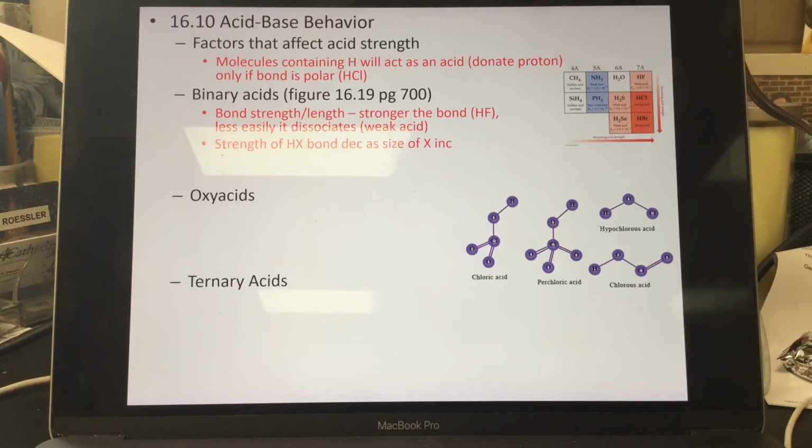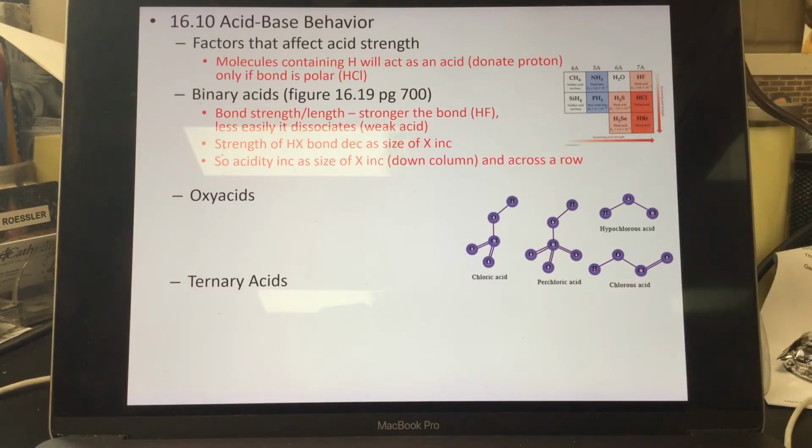So basically the bond strength of the binary acid is going to decrease as the size of the anion increases, which makes a binary acid stronger as we go down the column, because the anion has less of a hold on the hydrogen ion, so it can donate the hydrogen ion more easily.